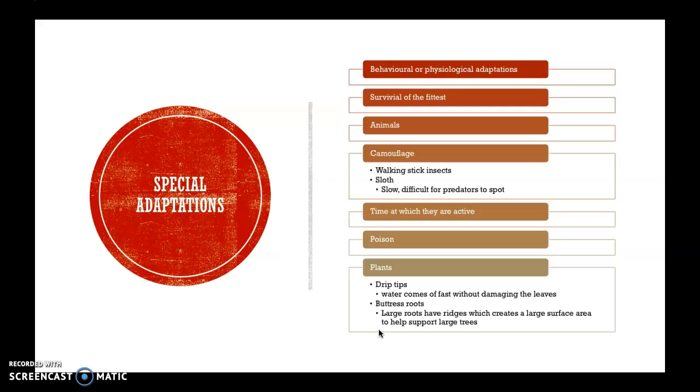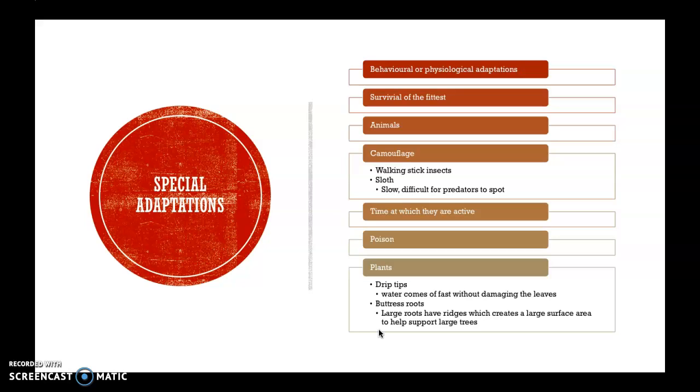But also, there are special adaptations in animals and plants in the Amazon forest, both behavioral and physiological, because it's survival of the fittest that they have to live by. First of all, the animals use camouflage as one of their physiological adaptations.